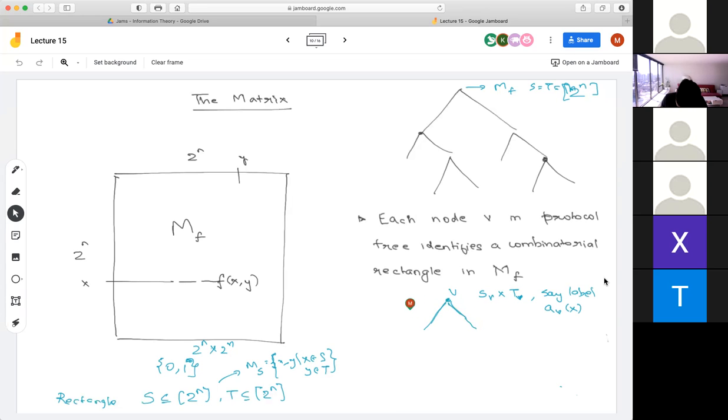Either this function is 1, so we kind of go down on the left half. Or let's say 0 on the left. And I claim now we can think of all the inputs which are sort of consistent with this node as follows. So look at all the inputs which could have led you to the predecessor of the node S sub v.